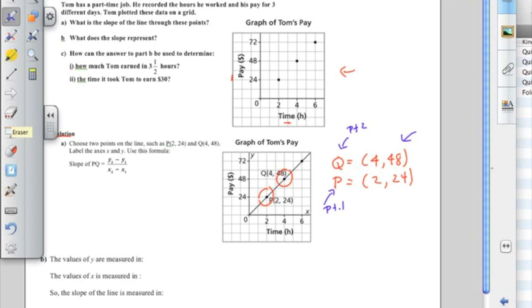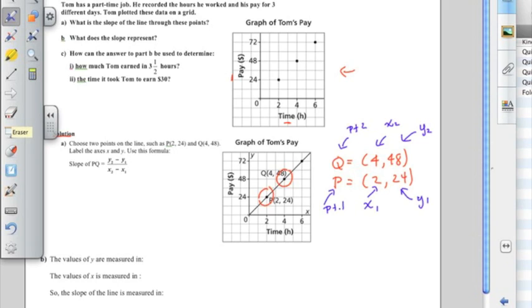Then 48 is going to be identified as y2, and 4 is going to be identified as x2. 24, since P is point 1, will be identified as y1, and 2 will be identified as x1. It's handy to label those when you're first getting started, because you've got to get them into the formula in the right order.